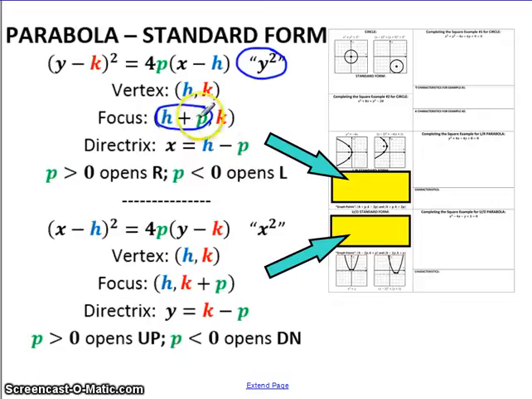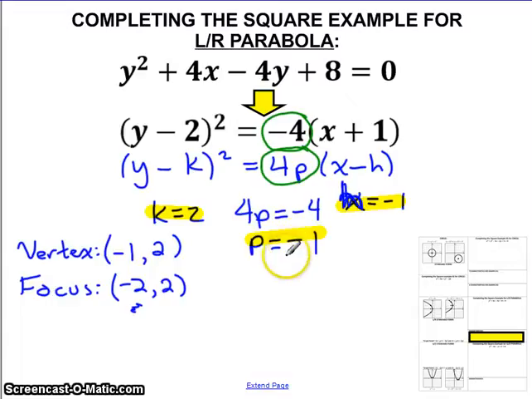It's h plus p. So this part in blue is the x-coordinate, and we have just a single number k, which serves as our y-coordinate. So the focus is at the x value of h plus p, y value equal to k. If we apply h plus p, we have h equals -1, p equals -1. Add those two together, we get -2.